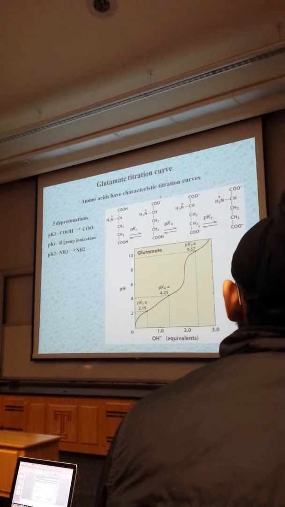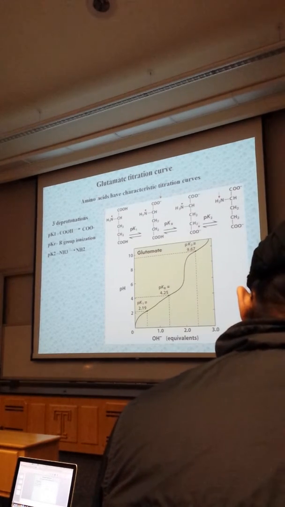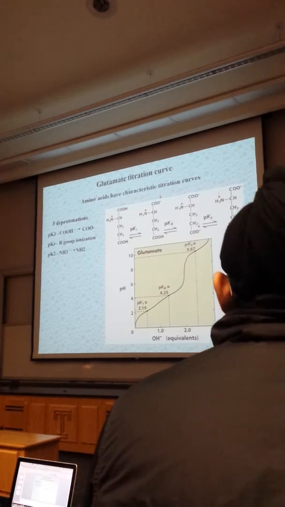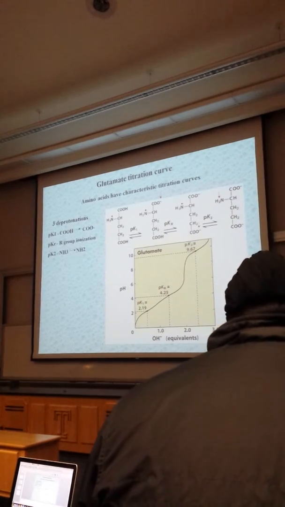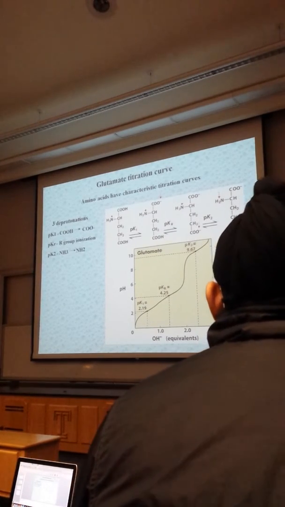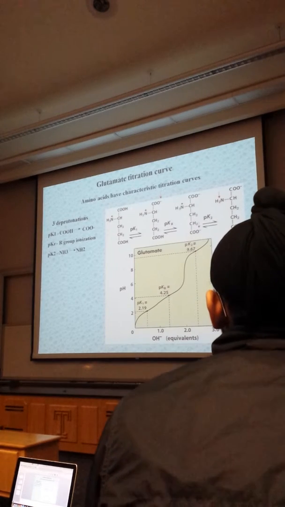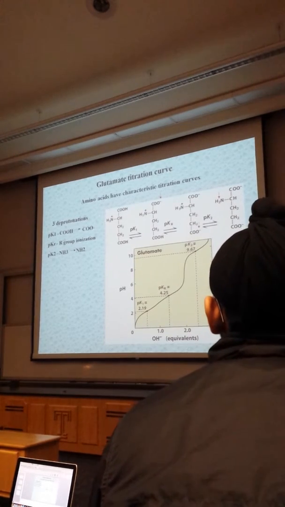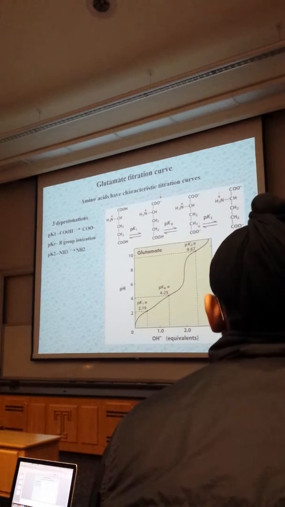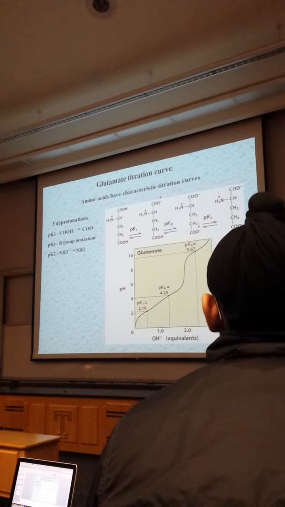What you're looking at here is the amino acid glutamate. Here's the alpha carbon. Here's the carboxylic acid group, the amino group, the hydrogen, and then the R group of glutamate, this organic group right here.